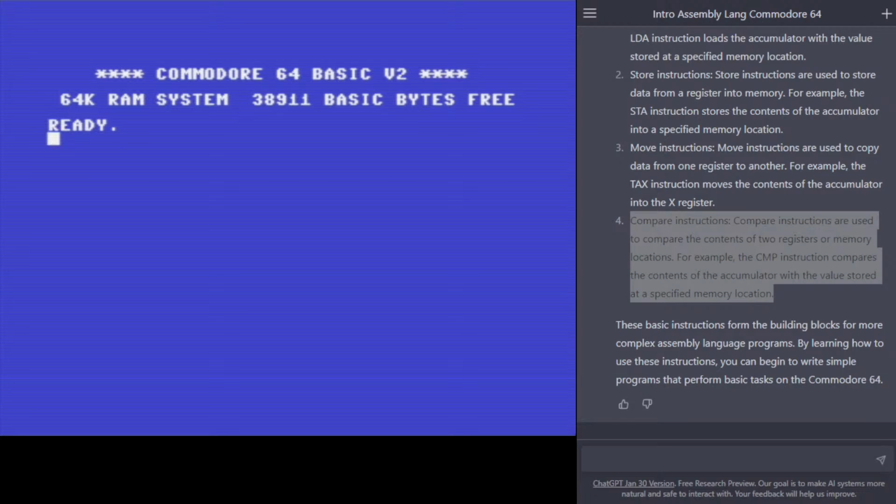So we probably could do arithmetic using the accumulator and a memory address. But anyway, back to the compare. So this is going to be, I think, the equivalent of ifs, basically. So we're going to need to compare values to see which one's greater, if they're equal, which one's less than, etc. And I think this is going to be our way of doing that. And then we can act upon the comparison after the fact, I think.